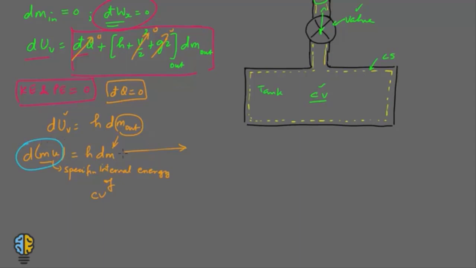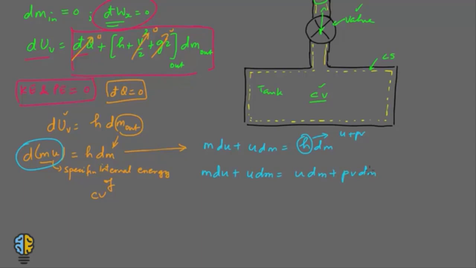Okay, so if you analyze this equation and differentiate it, applying the product rule, we would get m into du plus u into dm is equal to h into dm. Now the value of h, as we all know, is u plus pv. So if you replace it, you will get m du plus u dm is equal to u dm plus pv dm.